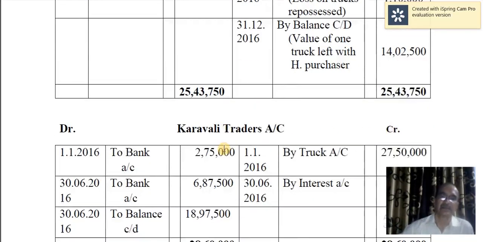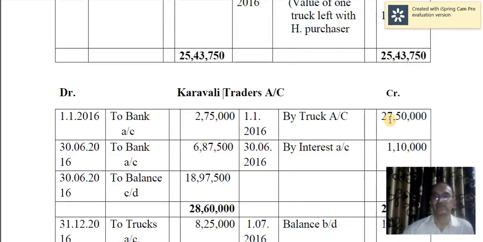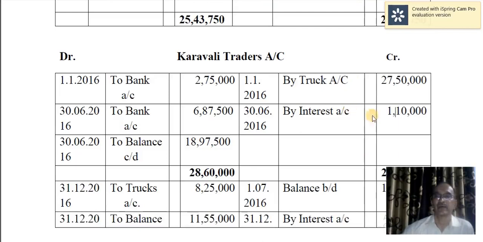Alright, next Karavali traders account. So by trucks account 27,50,000. Then to bank account, this is the down payment, and interest for first year is 1,10,000. Already we have calculated 1,10,000 on the down payment, that is 27 lakh minus 2,75,000 on the remaining value. You have apportioned it, total of 2 lakh.